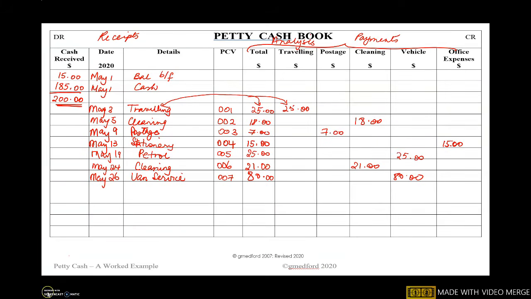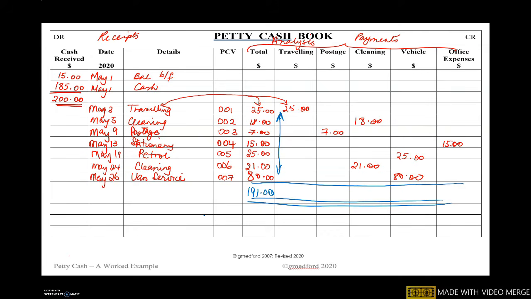So what's our next step? Our next step is to total all the total columns, which are the columns containing the total and the analyses. If we total vertically here, we'll get $191.